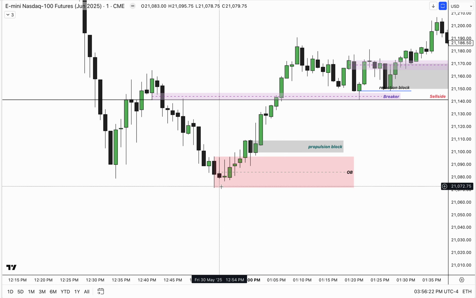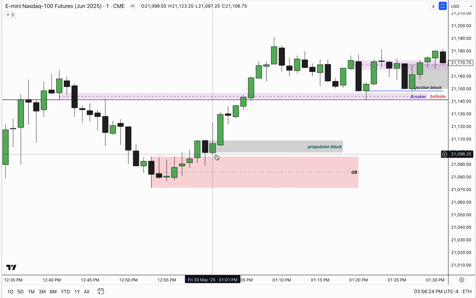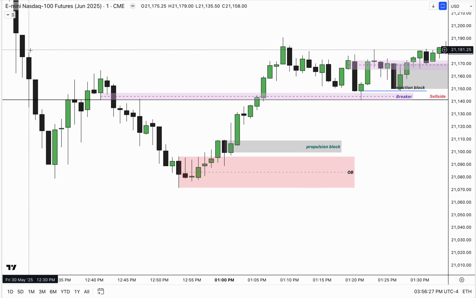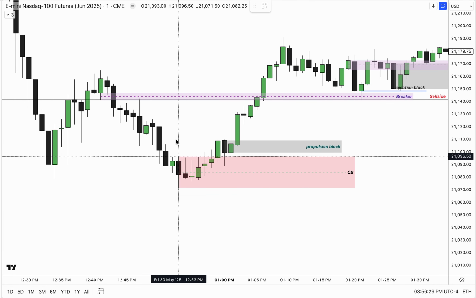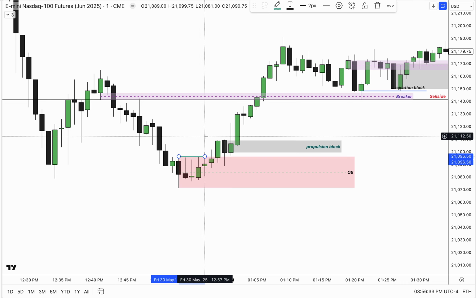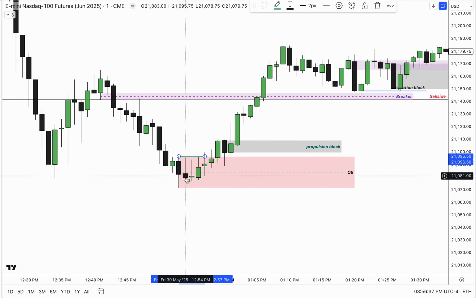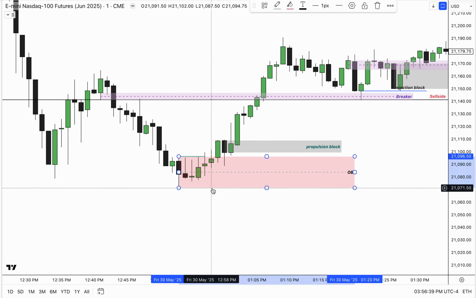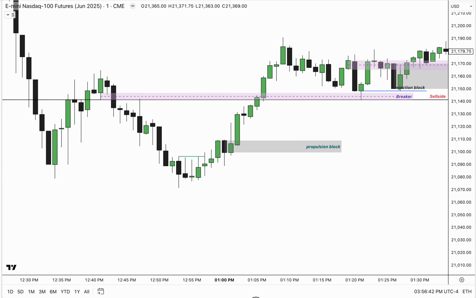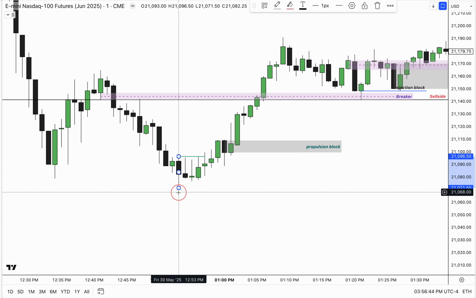This candle, order block. And it becomes an order block the moment that we trade above the high. So the moment we trade above the high is here at 1257. That then becomes an order block. So we have that marked.